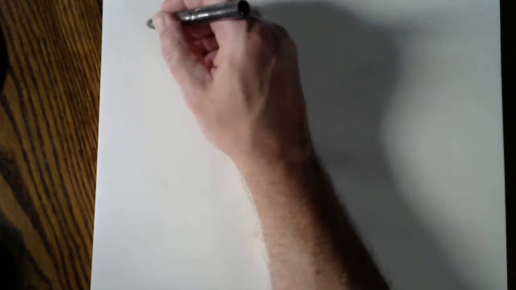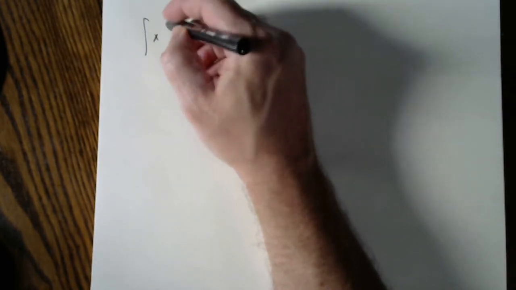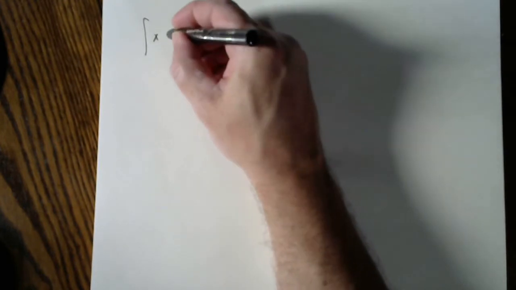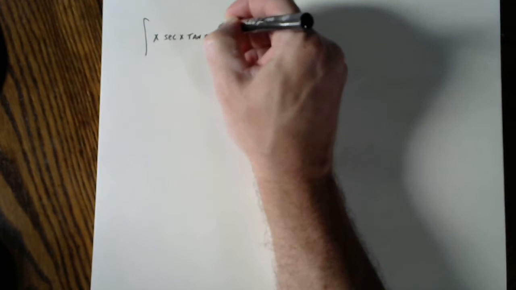What else can we do? Let me look at the homework. So here's a good one. This, I typically put this on exams. Secant. So now I've thrown this extra x in here.